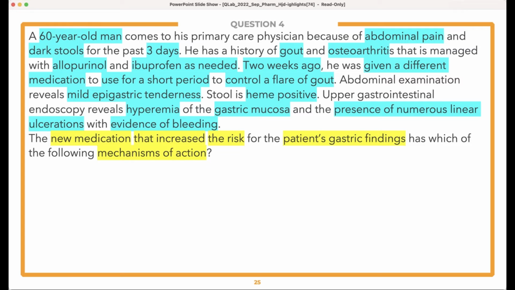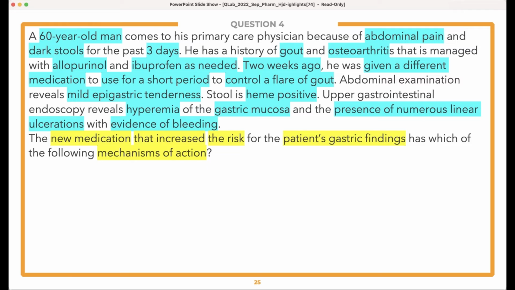They tell us about his past medical history, his past or current medications he's taking, and then also about this other medication. So you want to make note of all that. You want to make note of the following physical exam findings that they tell us about. They tell us about some endoscopy findings that are abnormal, so definitely want to use those and pick up on those clues.